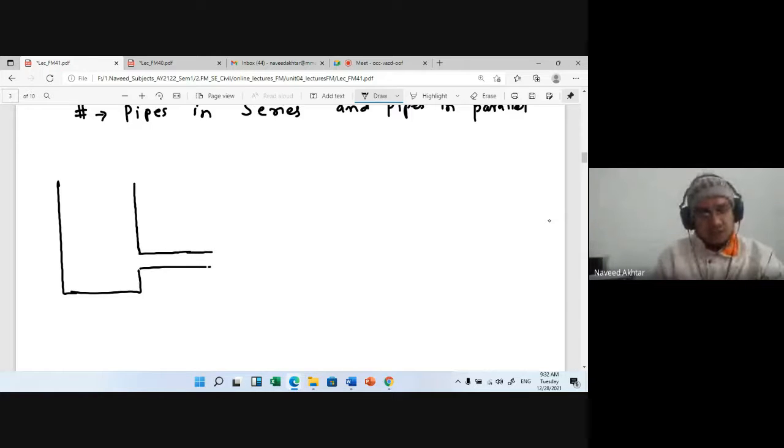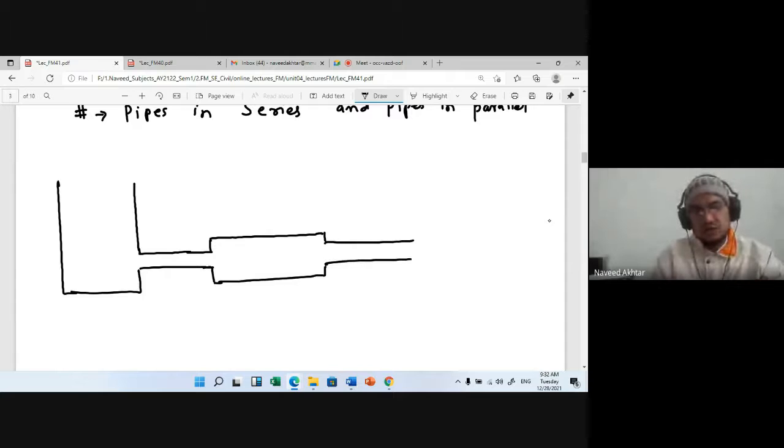So this is pipe one, then there is a sudden expansion, pipe two, then maybe a sudden contraction or expansion, pipe three, and then reservoir two.